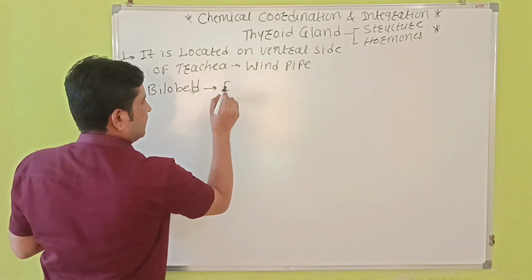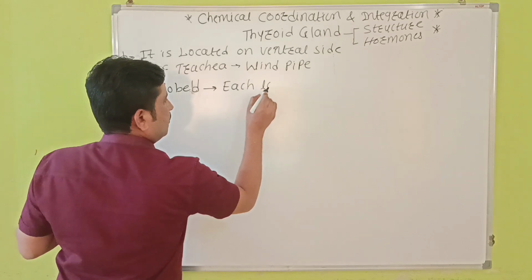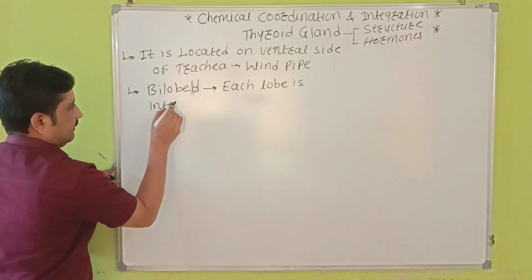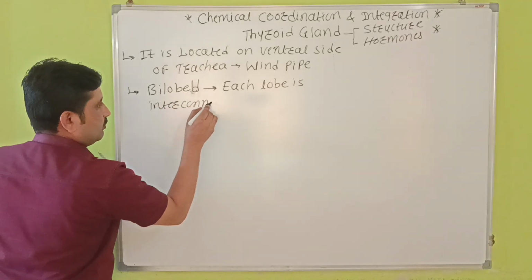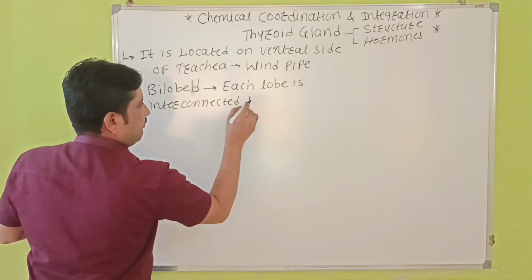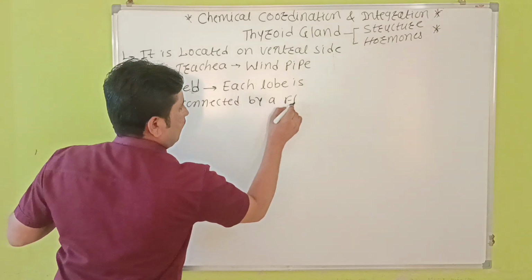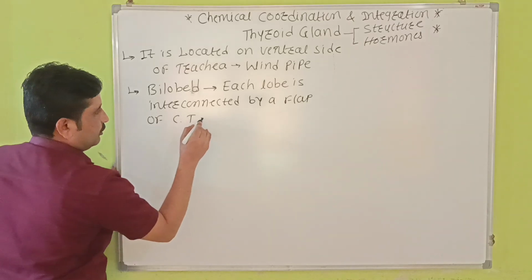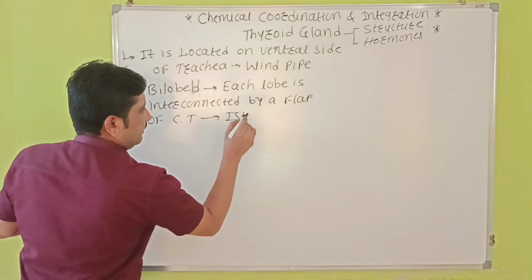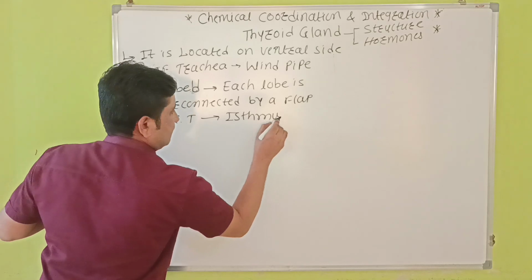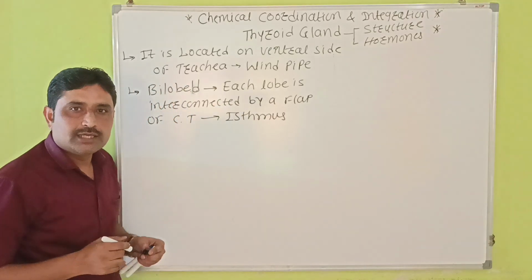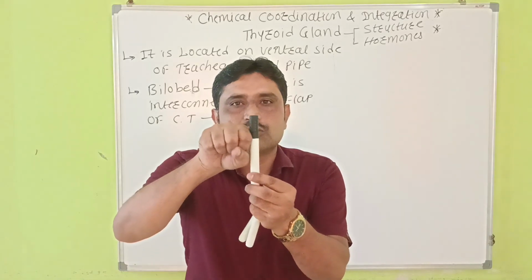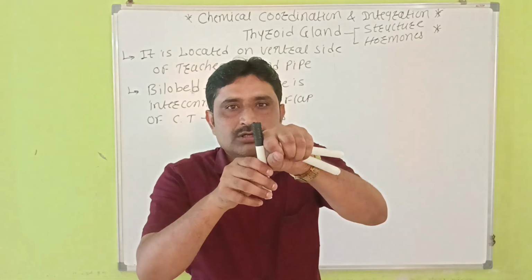और each lobe कैसे है? Each lobe is interconnected by a flap of connective tissue, and उसे कहते हैं isthmus. और जो लोब्स होते हैं, these two lobes, सपोज अगर ये ट्रकिया है, तो one lobe is on this side and another lobe is on this side.